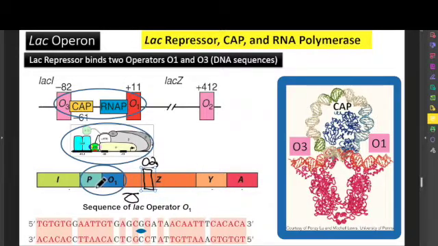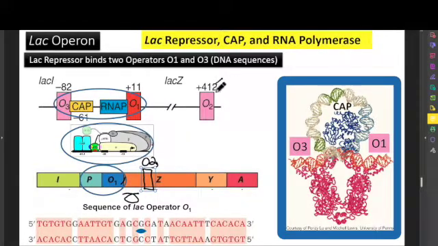And so when we look at the promoter, that's where RNA polymerase binds. So that's what we're seeing here, RNA polymerase binding next to CAP on its sequence. CAP sequence and RNA polymerase right here. And then of course over here this produces the lac repressor. So get a good idea of how all this works together.